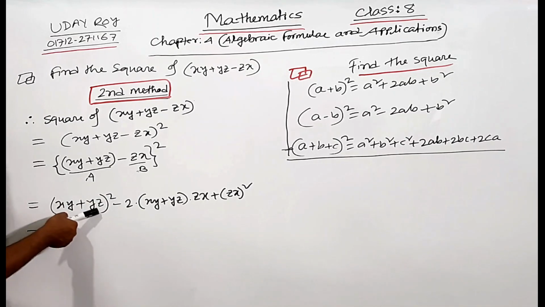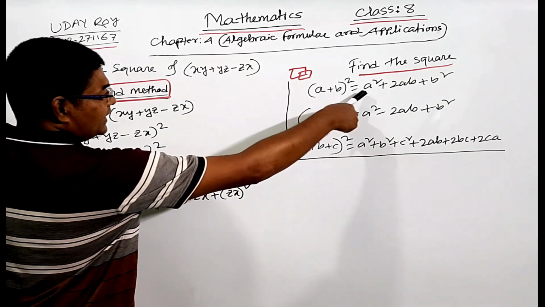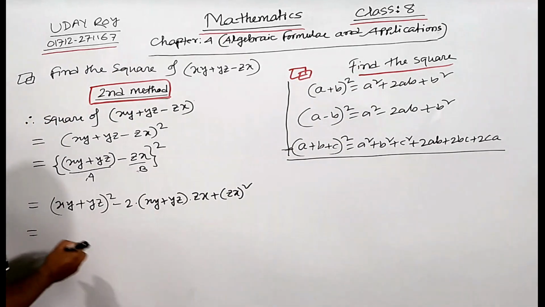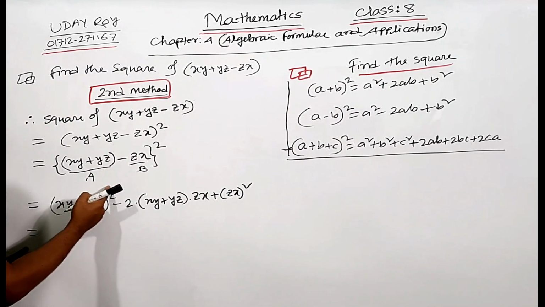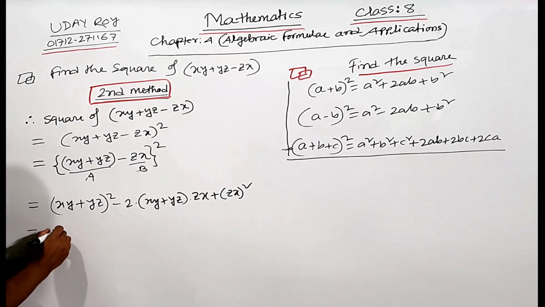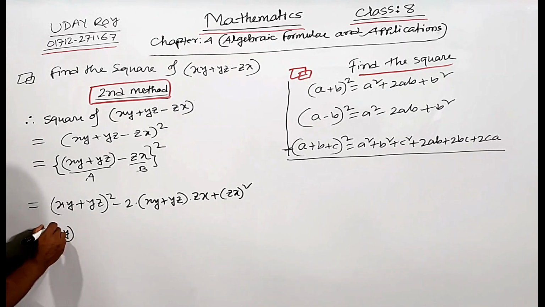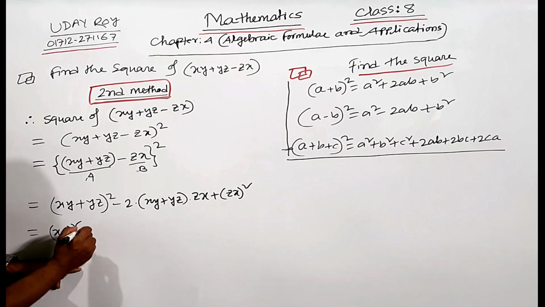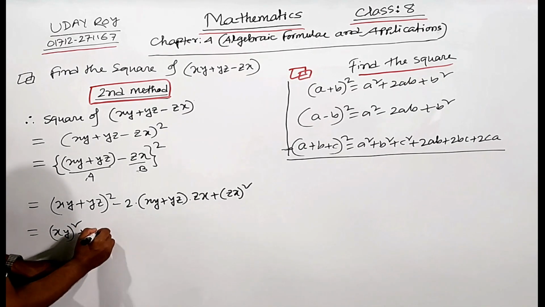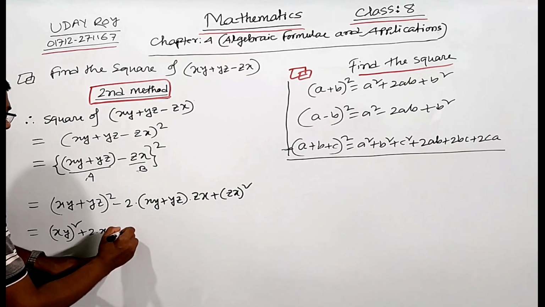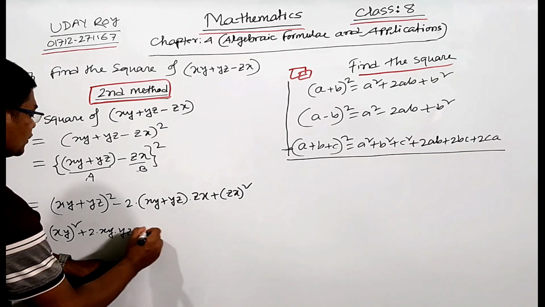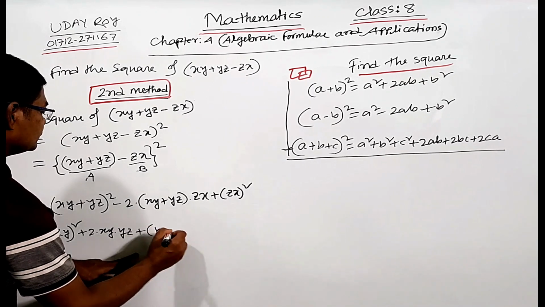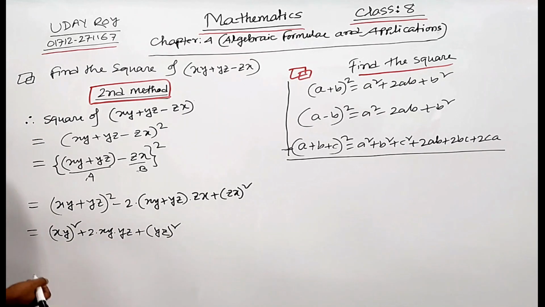So if it is a plus b whole square, we have to go back again, a square plus twice ab plus b square. So xy plus yz whole square, this is a plus b whole square. You have to use a plus b whole square. That means xy here is a square, plus 2 into xy into yz, plus yz whole square.